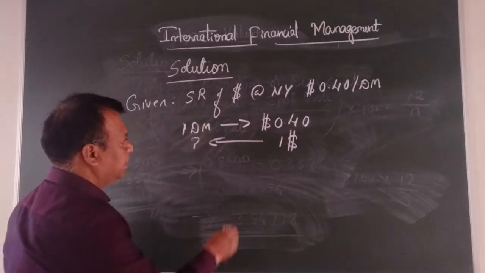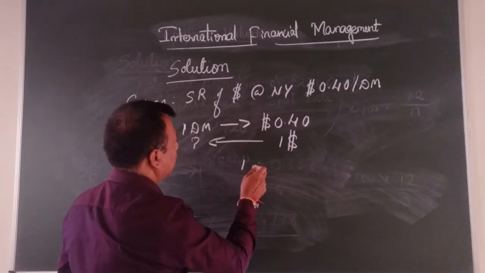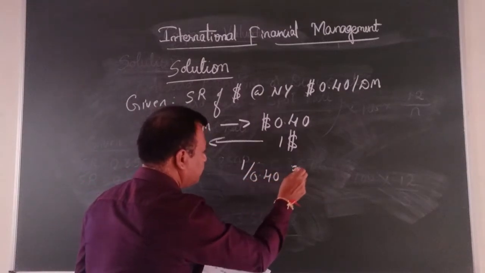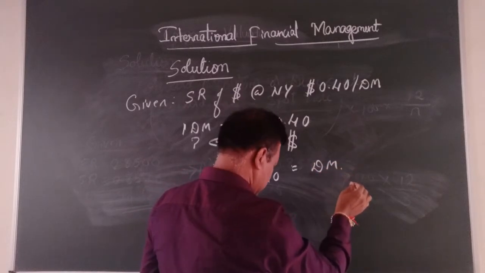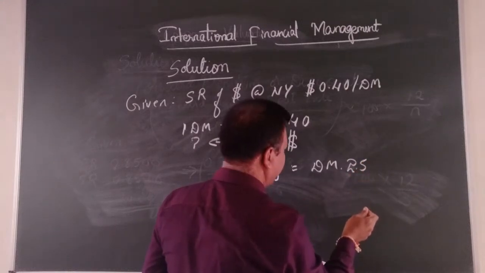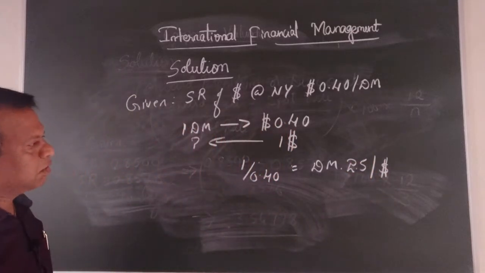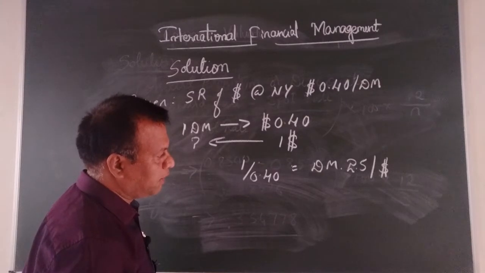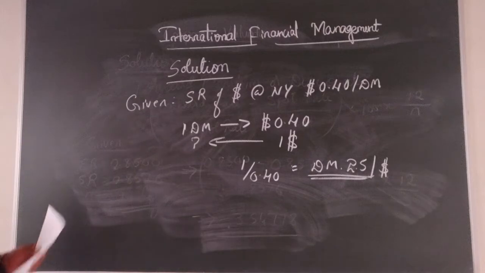If you multiply 1 divided by 0.40, you get the answer as DM 2.5 per dollar. That means for $1, we have to pay Deutsche Mark 2.5 in Germany. That gives the answer for this question.